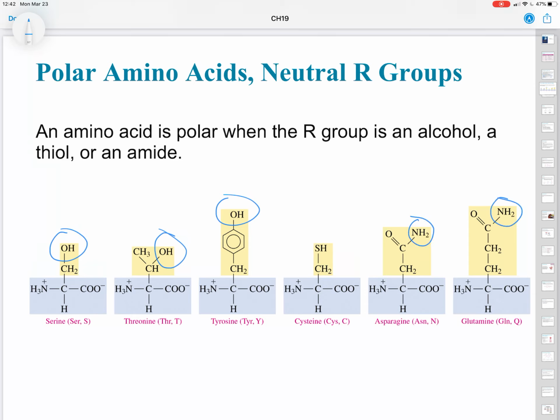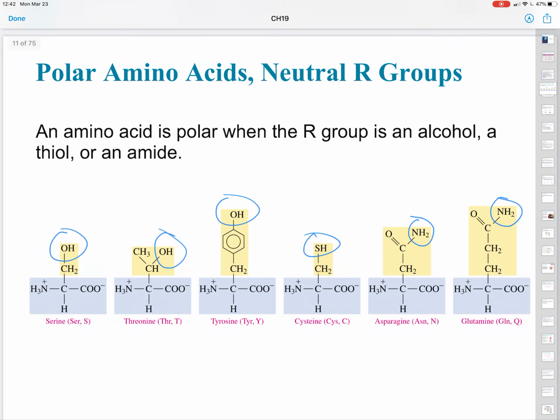And you know from the past chapters how alcohols and amines, those nitrogens and those O's, can really try to pull on each other and make all these little tight connections. That's what makes them really good at interacting with water. Of course, that's what makes them polar. And then sulfur, it's right under oxygen, has the same sort of abilities to hydrogen bond. It's just not as strong, so we don't really technically call it a hydrogen bond.